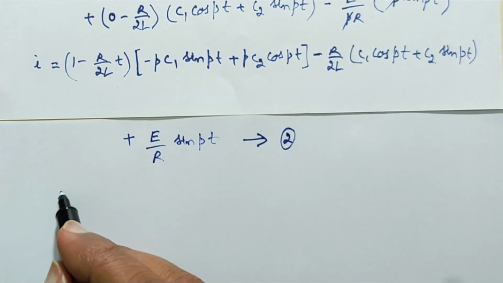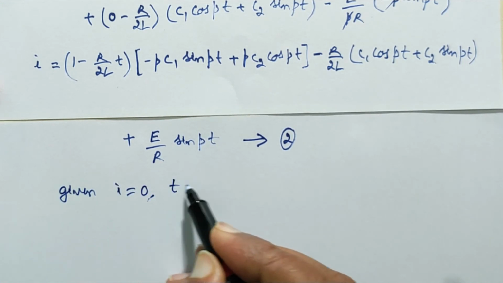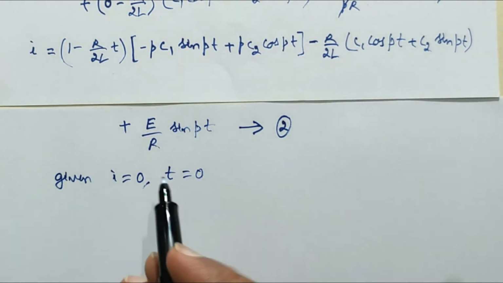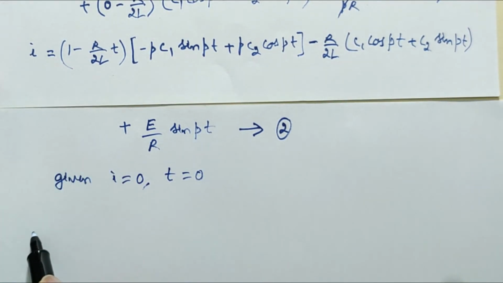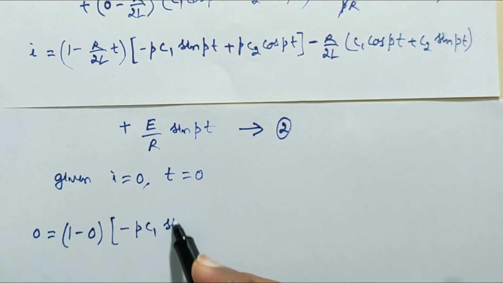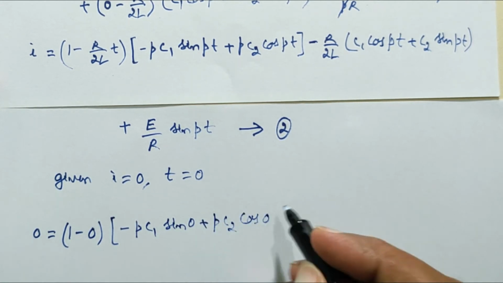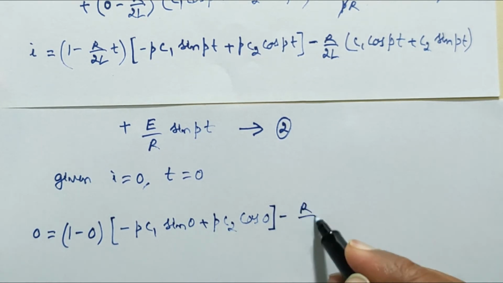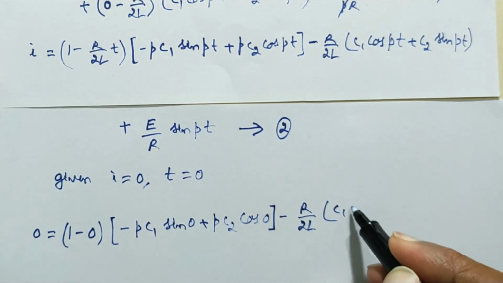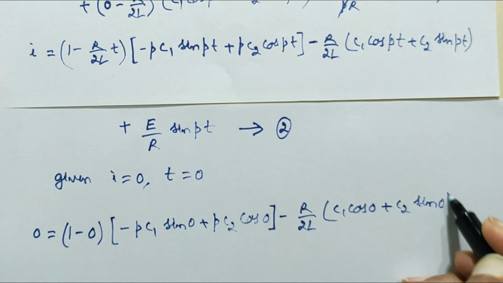So what is given to us? Given: initially the current is 0 when the time t is equal to 0. So if I put these two values back over here, I is 0, so 0 will be equal to 1 minus t, where t is 0, so this expression will become 0, times minus PC1 into sine of 0 plus PC2 into cos of 0, minus R by 2L into C1 cos of 0 plus C2 sine of 0.